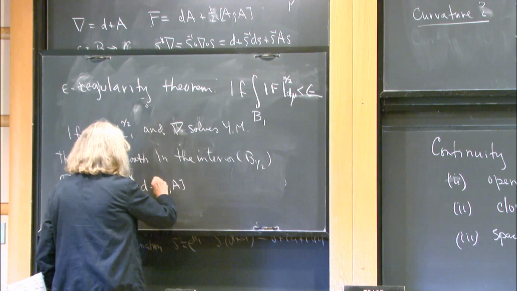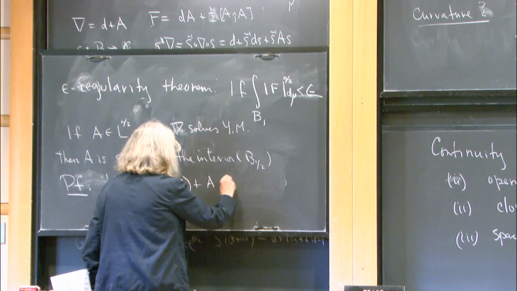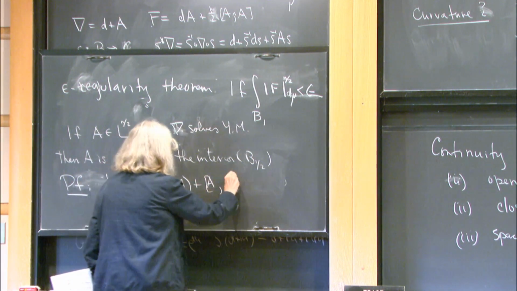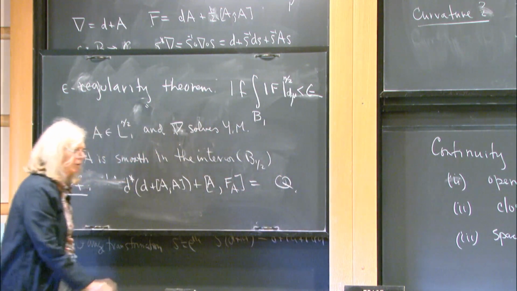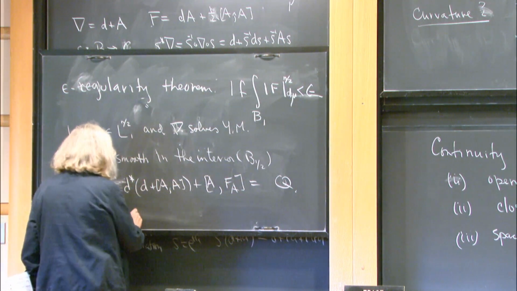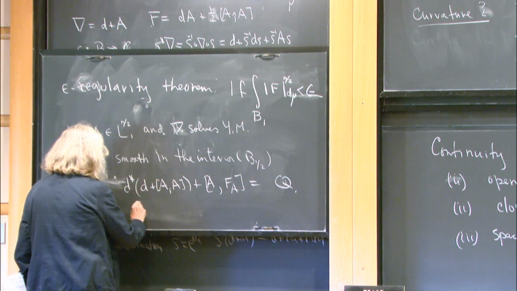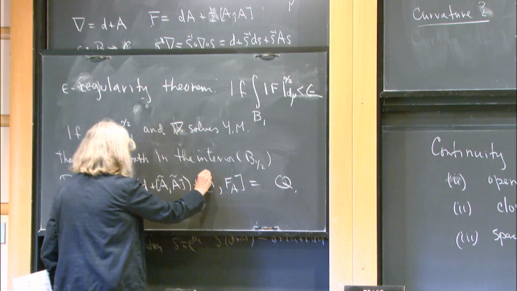I'll write it out so you see what all the terms are. Plus A bracket F_A equal to, and remember there's something on this side, but it's smaller, so we don't really care what it is. And we have D star A tilde equals 0, from the good gauge theorem.